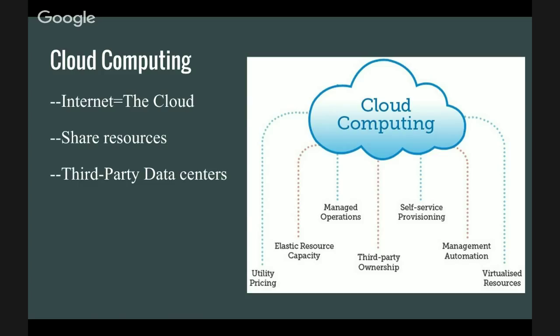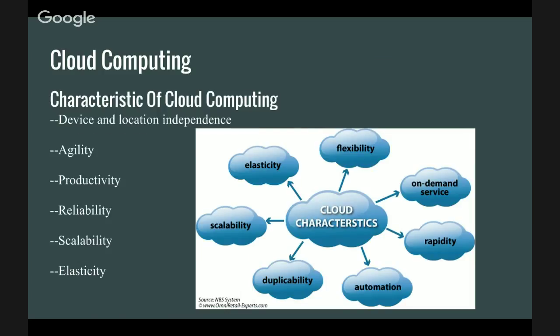There are 7 or 8 characteristics of cloud computing: its devices and location are independent, and it has agility, productivity, reliability, scalability, and elasticity.